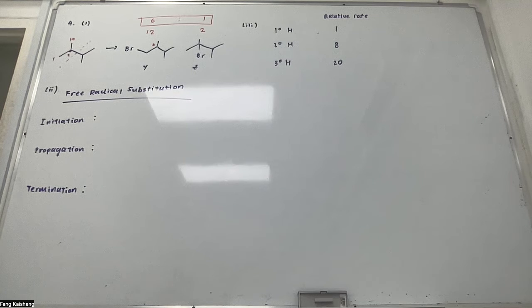Z, right? It's formed by substituting only carbon 2. So count all the 2s' hydrogens. Carbon 2 only has 1 hydrogen. 1 plus 1.